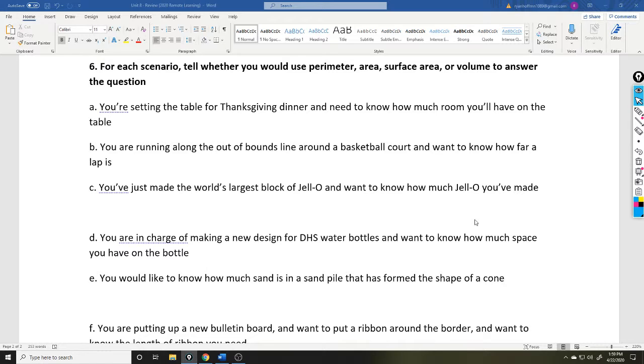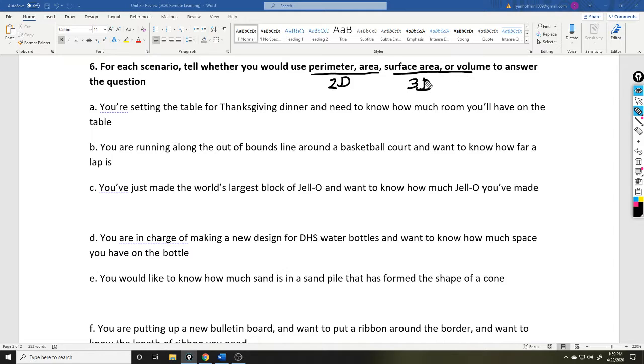Now remember, perimeter and area are for 2D shapes, and surface area and volume are for 3D shapes.